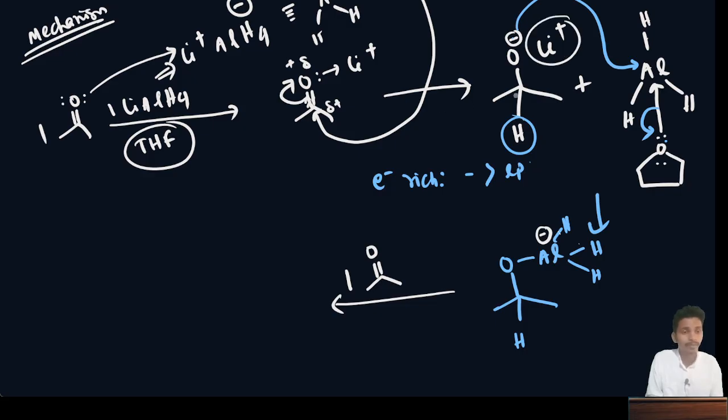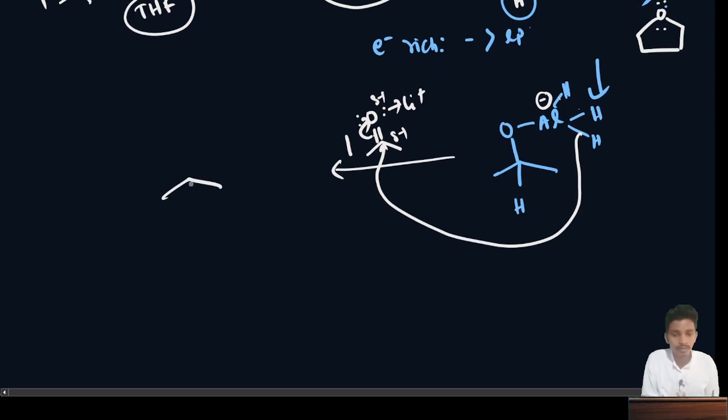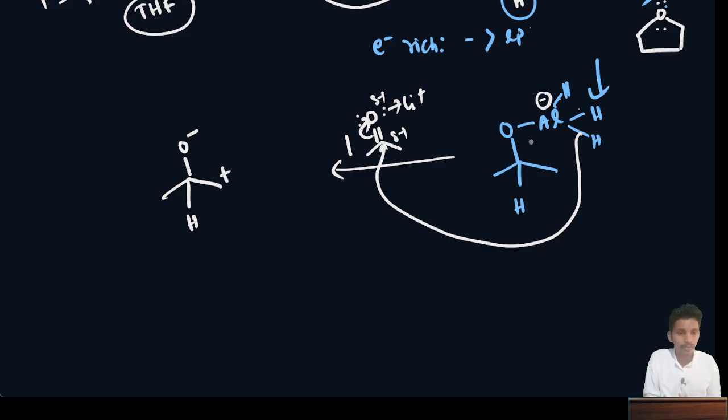This lithium plus may again coordinate with the oxygen, making a delta positive charge that abstracts electrons. The hydrogen attacks here and removes the delta positive charge, giving O minus with Li plus, and aluminum with one oxygen on one side and two hydrogens left.